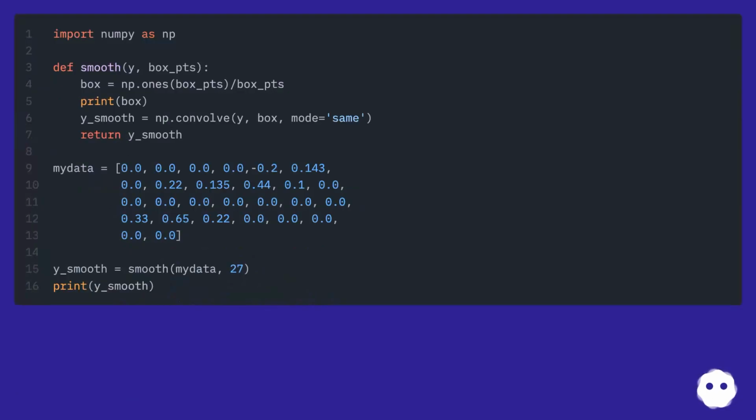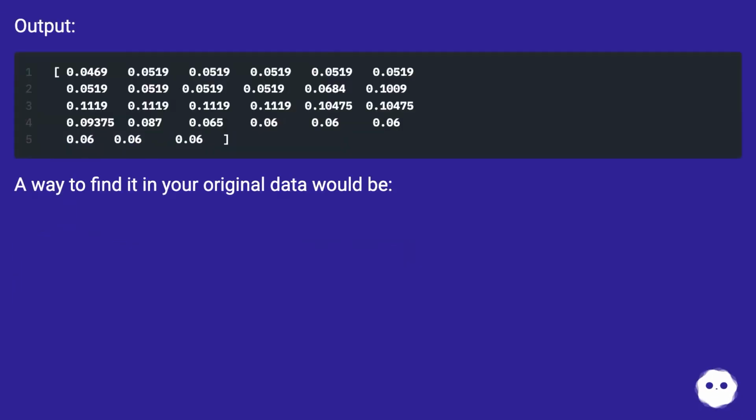Your smoothed data has no zeros left. Output.